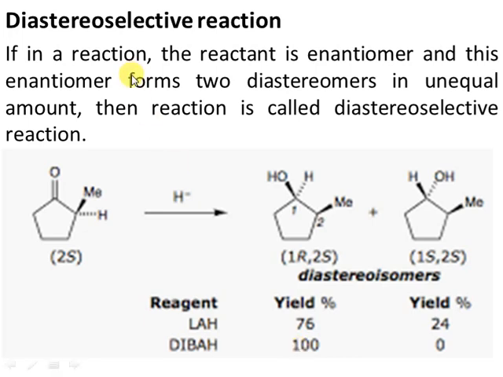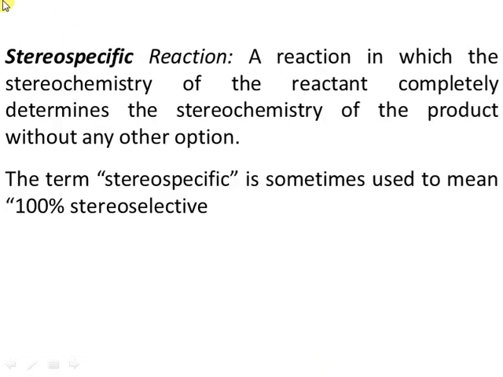If a reaction is 100% stereoselective, we say that this reaction is stereospecific. Whenever you have 100% selectivity, it is mostly called specificity. A stereospecific reaction is a reaction in which the stereochemistry of the reactant completely determines the stereochemistry of the product without any option.